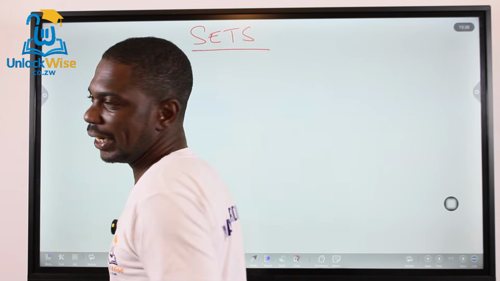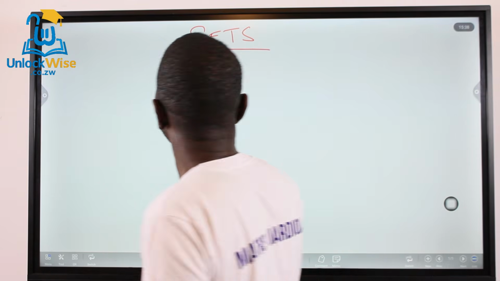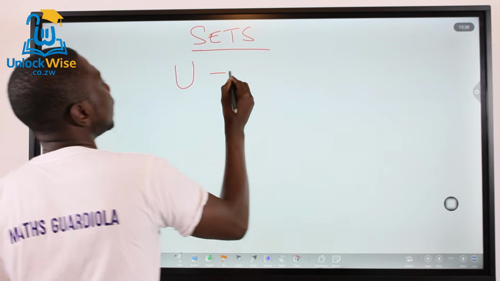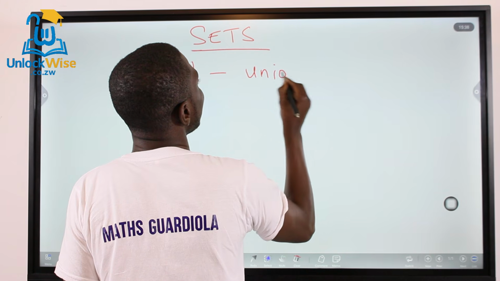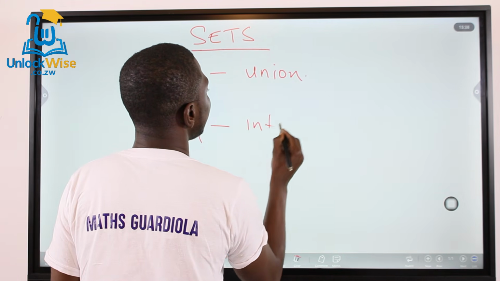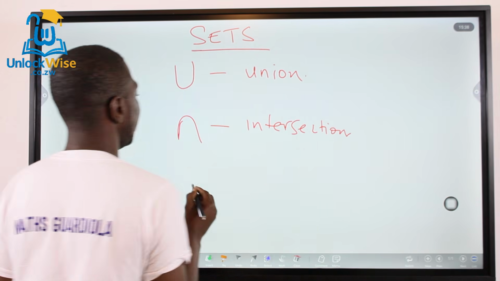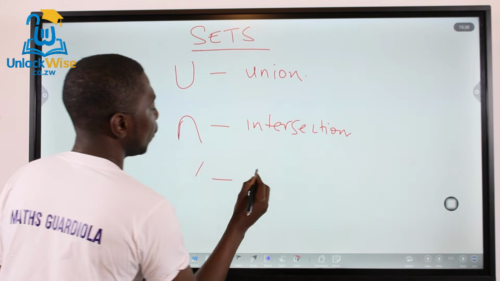So under sets, what I'm going to teach you for revision's sake is what is known as union, intersection, and complement.